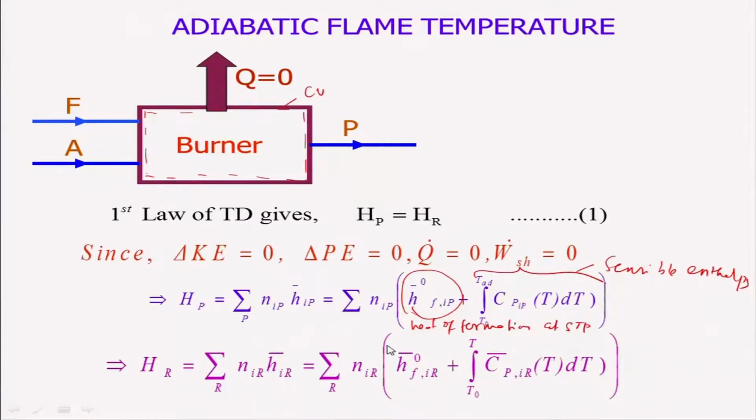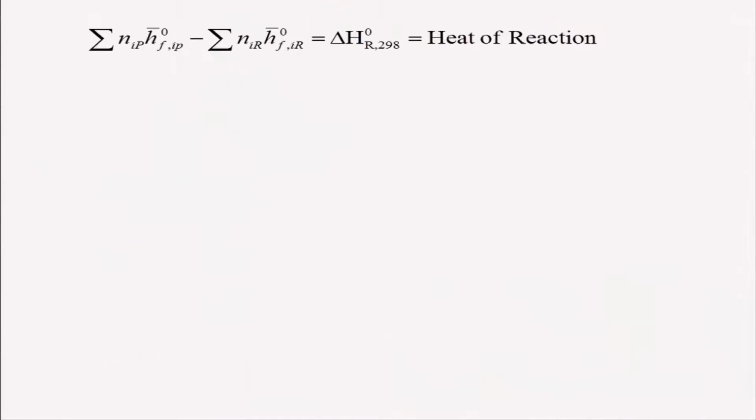So what you will do, you will just use that and find out the adiabatic temperature. By definition, this is n_P h_f,P minus n_R h_f,R for the reactants, and this is nothing but your heat of reaction, which you can get very easily.